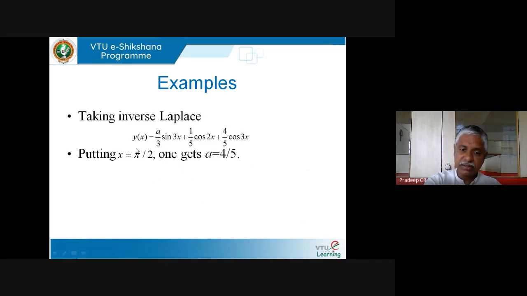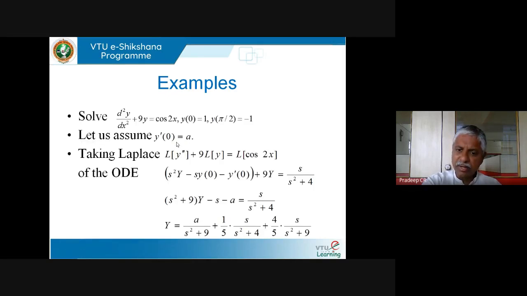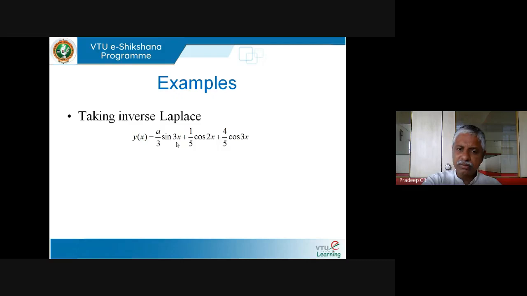I am solving that. Substitute x equal to pi by 2, y of pi by 2 is minus 1. So you put x equal to pi by 2 here. Sine 3 pi by 2 is minus 1, and cos 2 pi by 2 is cos pi, which is minus 1.